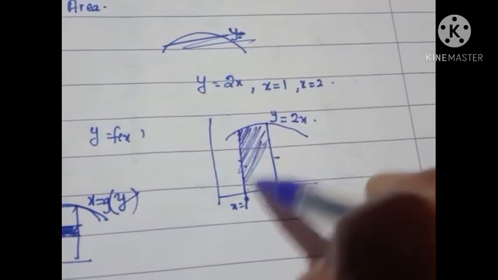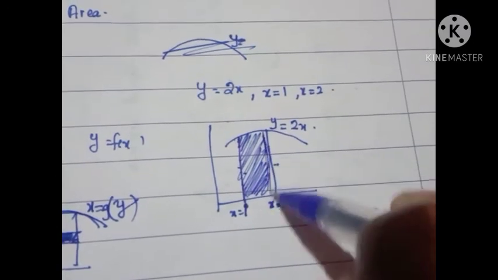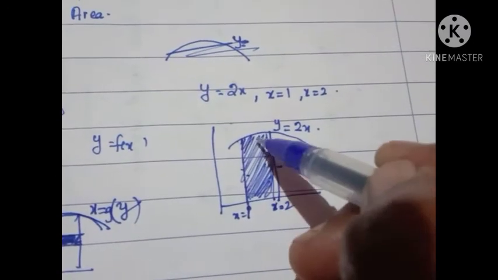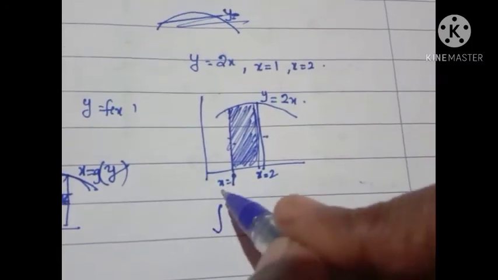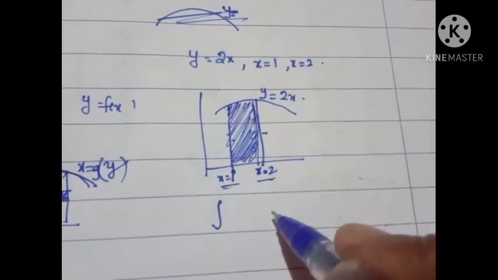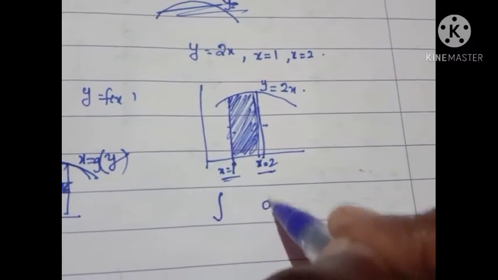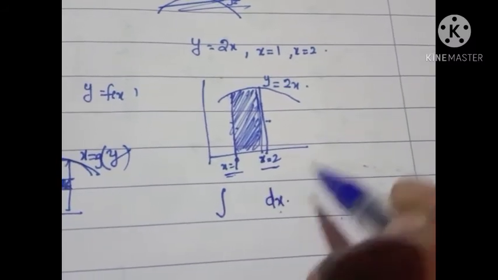So this is the region. We need to find the area of this region. Here the x values are given, so we can integrate the given function with respect to x.